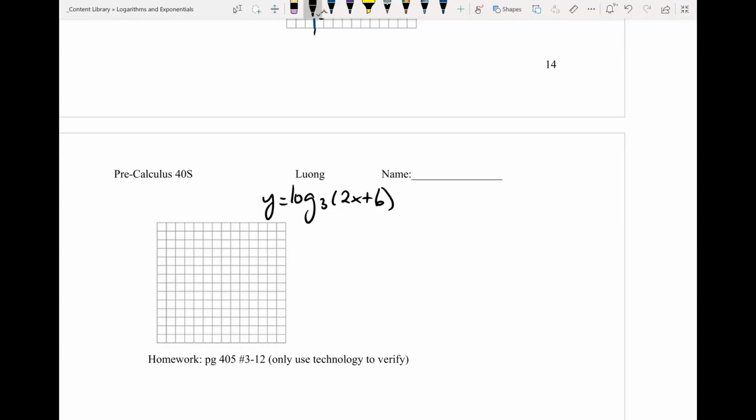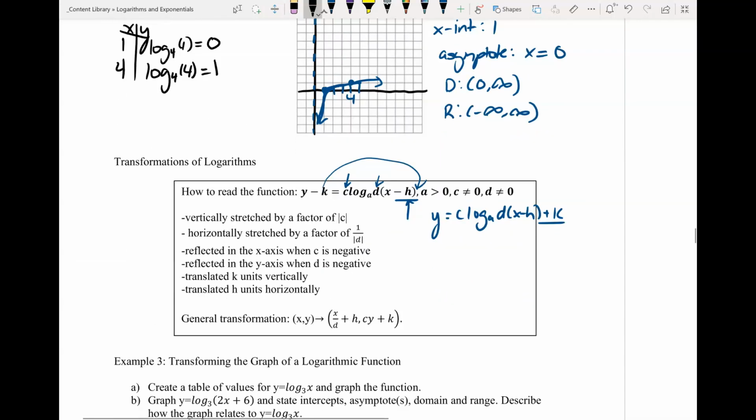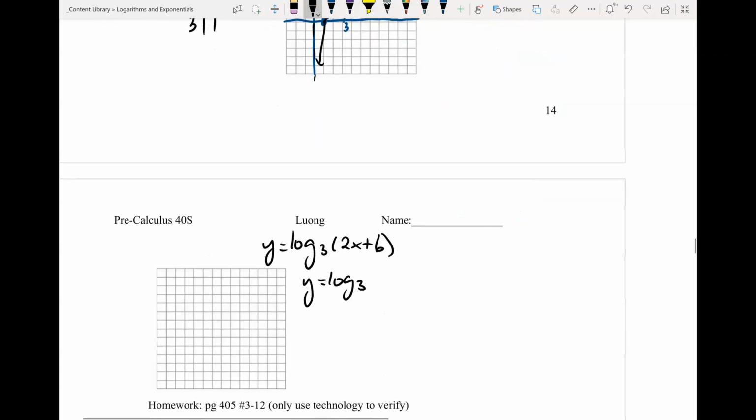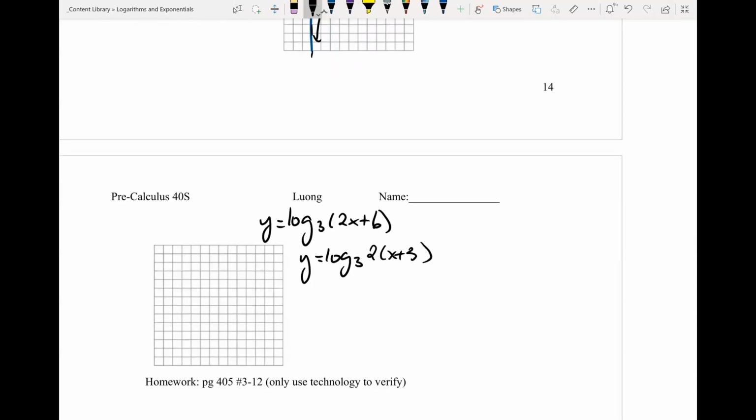Before I go ahead and try to graph this, I need to factor out the 2 with the x, because if you look at the format of transformations, that d here is factored out. So I'm going to factor the 2 out. So we're left with x plus 3. If I want to describe this in words, this is a horizontal stretch of 1 over 2.